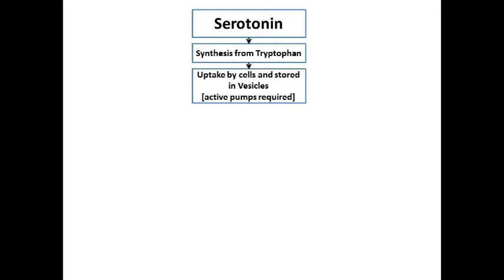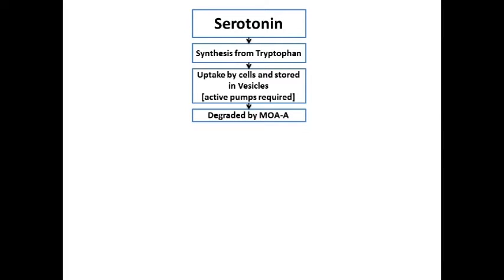So serotonin is synthesized from tryptophan. There is uptake of serotonin and it is stored in the vesicles. There are active pumps which are required for cells to take up serotonin and store it in the vesicles. So at both these sites, not only taking it inside the cell but also taking it inside the vesicles, requires an active pump, and you can inhibit this process of uptake and bring about therapeutic effects of serotonin in the body.